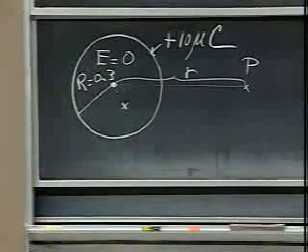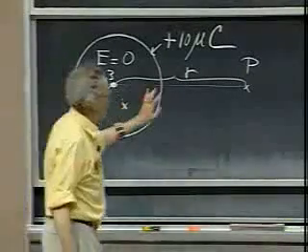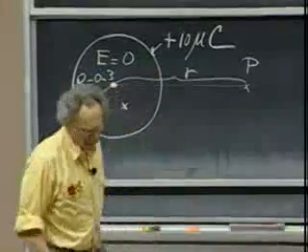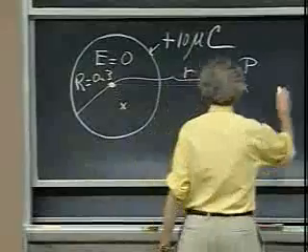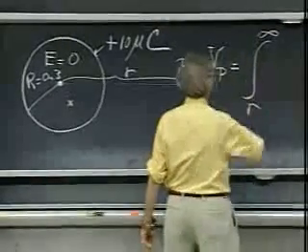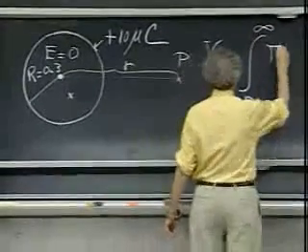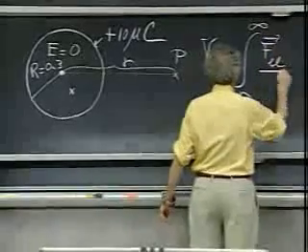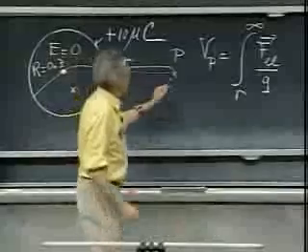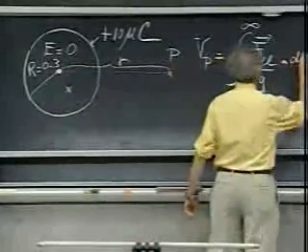So let's first do the potential here. The potential at point P is an integral going from R to infinity. If I take the electric force divided by my test charge q dot dr.